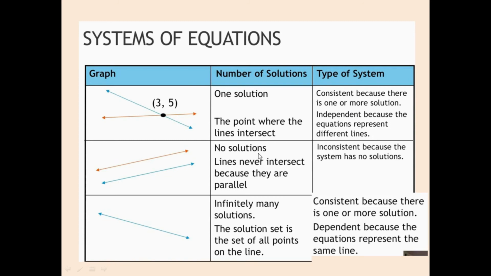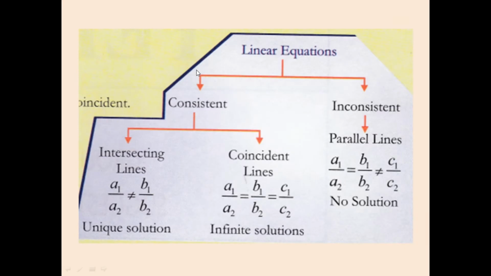The second block over here, the lines are parallel, they will never meet, hence no solution. And this kind of a system where there is no solution, which implies they have given up on each other, is known as inconsistent. So if I look at this from a flowchart perspective, there are two types of systems of linear equations.